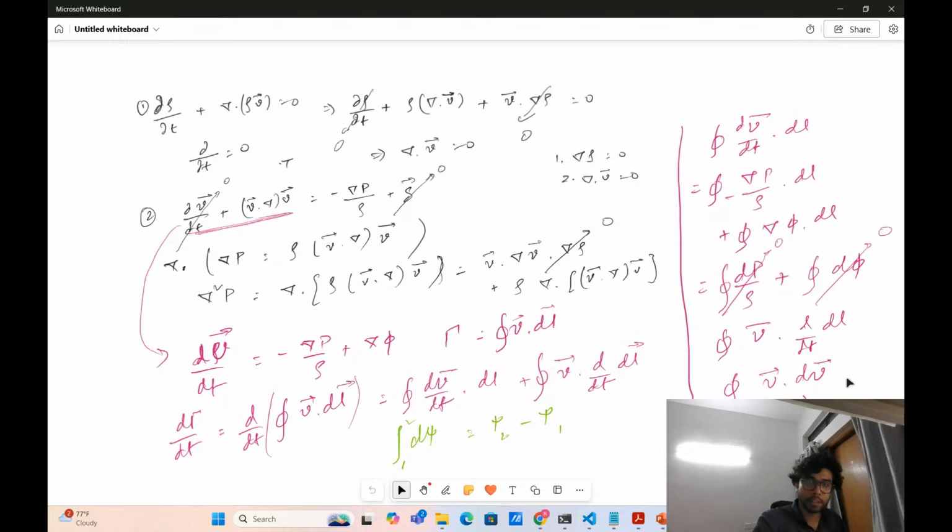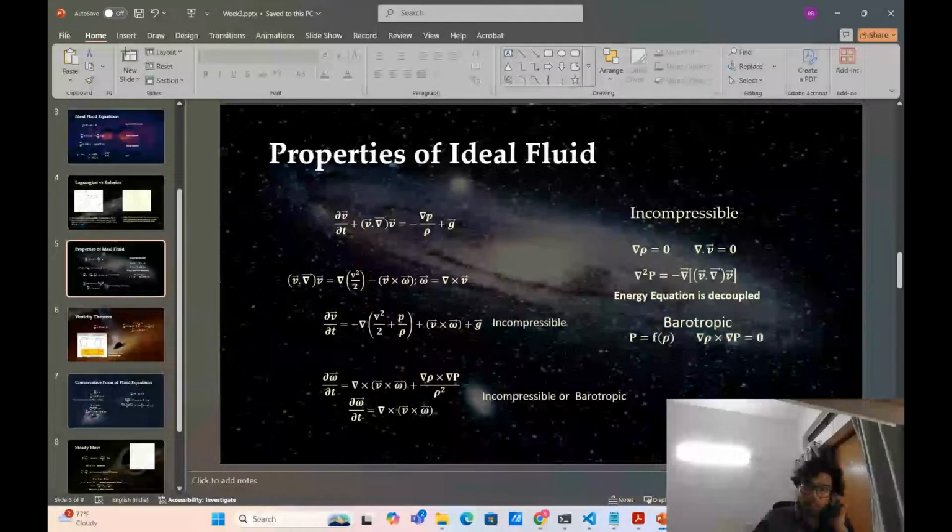But if you have a closed loop integral, it will be 1 and back again to 1. So phi 1 minus phi 1 should be equal to 0. Right? So that's why these closed loop integrals will reduce to 0. Any questions on this?